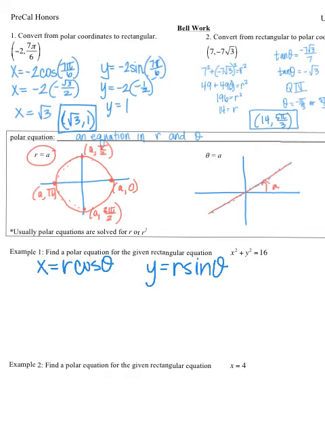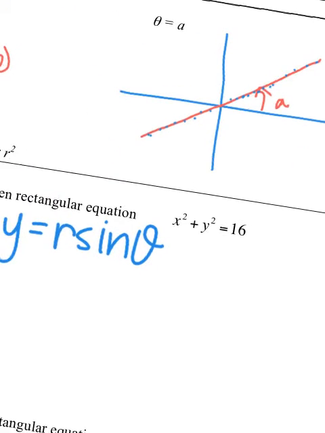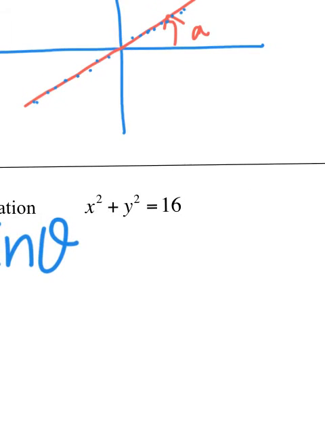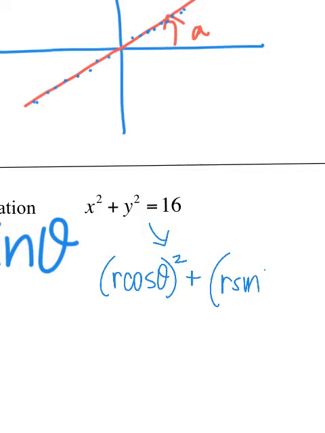So if I take this equation and I substitute in for x, r cosine of theta, squared, and for y, I substitute r sine of theta.